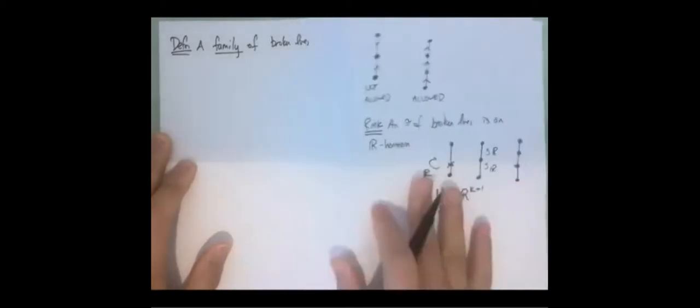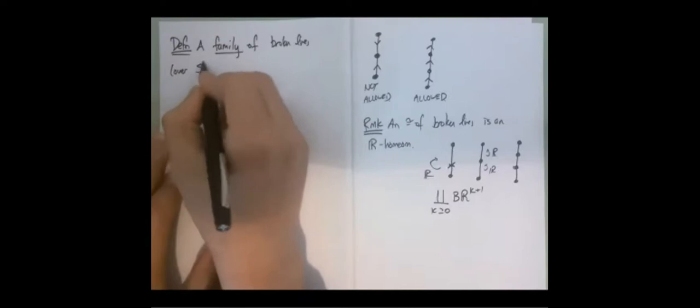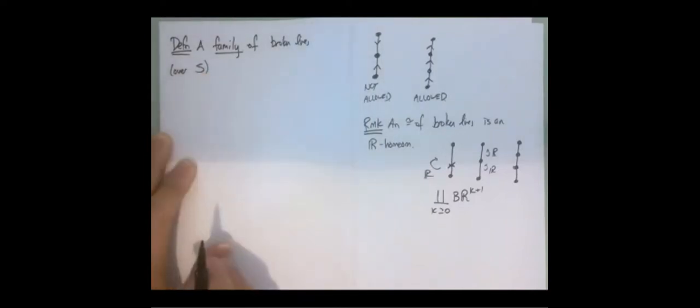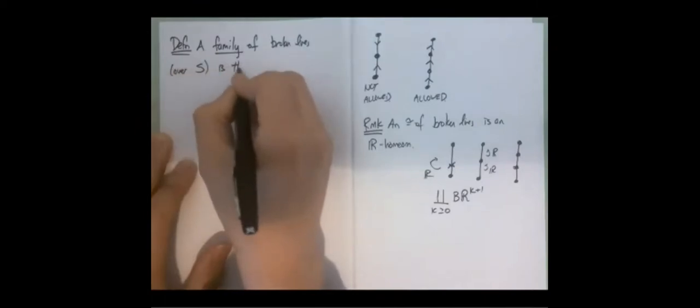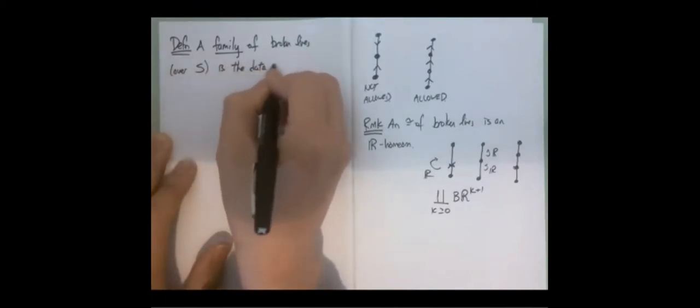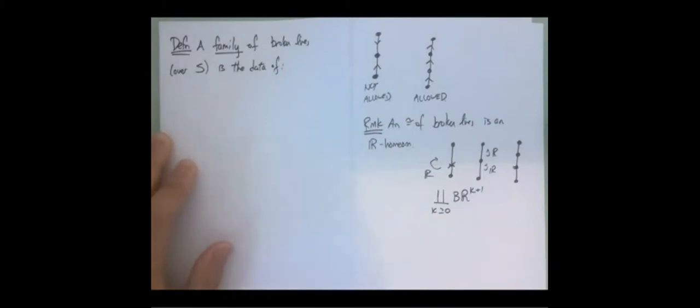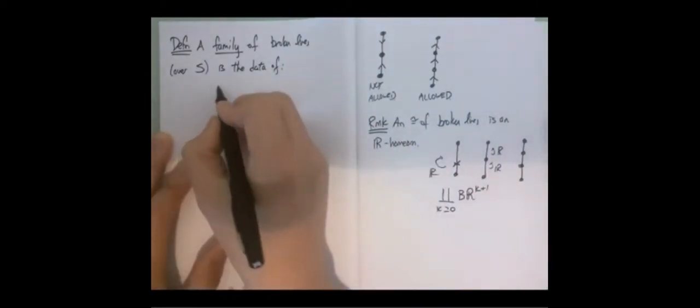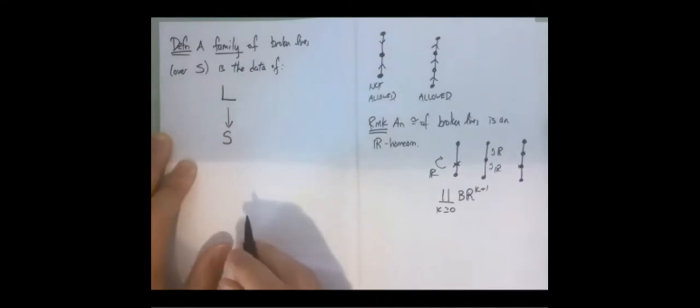So what is a family of broken lines over a capital S, a topological space? It's the data of some space capital L with a map to S. And by the way, is there an audio video lag or is it okay?